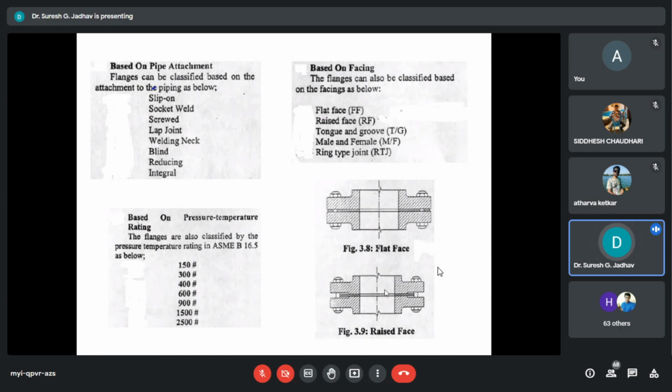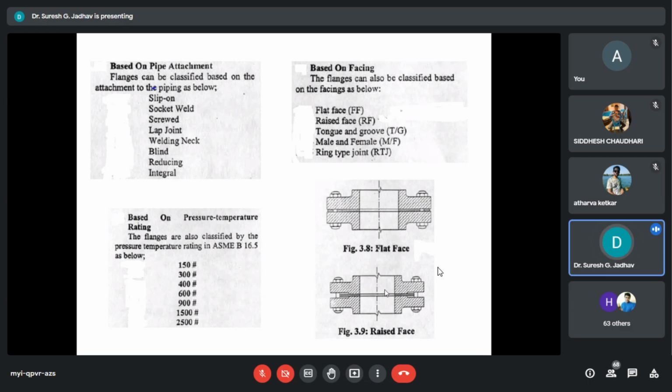Here, the indicated pressure classes of 150#, 300#, 400#, 600, 900, 1500, and 2500# are the basic ratings, and the flanges can withstand high pressure at low temperatures. ASME B16.5 indicates the allowable pressures for various material constructions and temperatures.